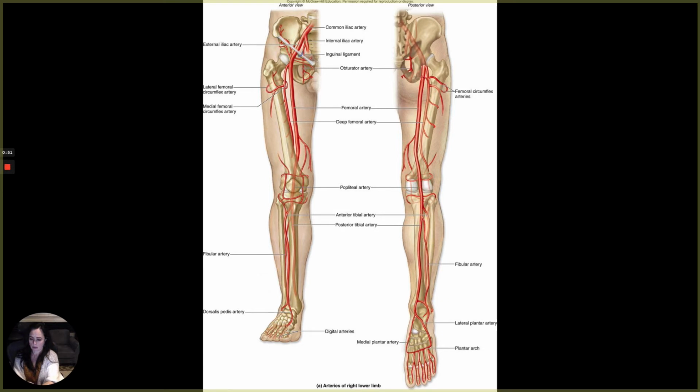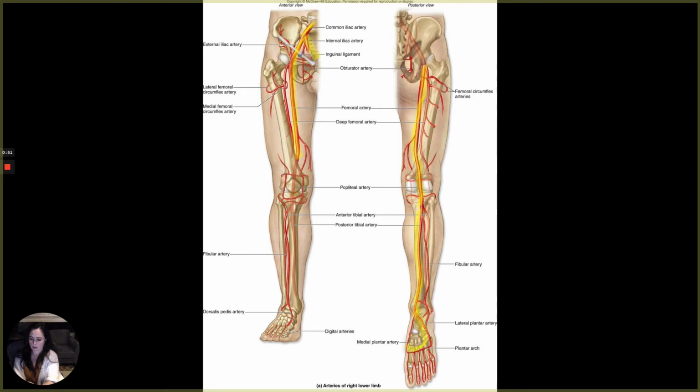All right, so common iliac splits into internal iliac, takes care of most of your junk. External iliac, which gives rise to the femoral, gives rise to the peroneal, okay? Then the peroneal will continue down the back of the leg as the posterior tibial.